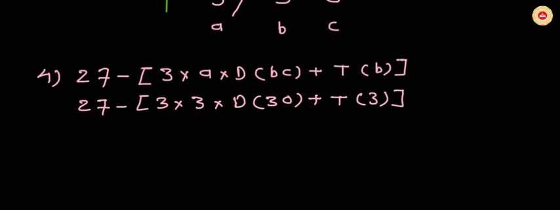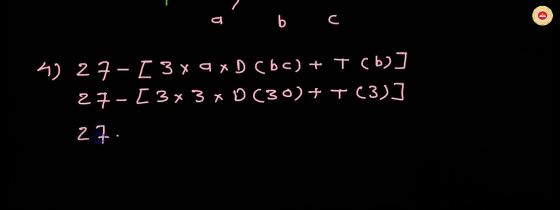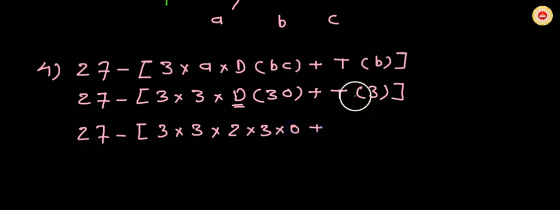Now let us calculate further. 27 minus 3 multiplied by 3 multiplied by, how do we calculate the duplex of two digits? 2 multiplied by the product of those two digits, right? That means 2 times the product of those two digits. So 2 times 3 multiplied by 0 plus triplex of 3.